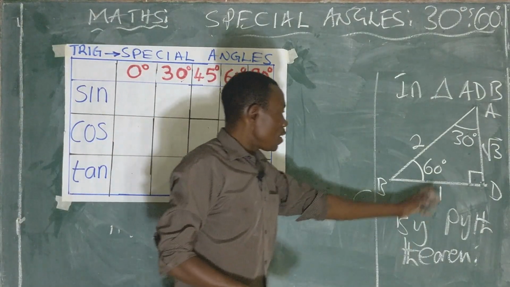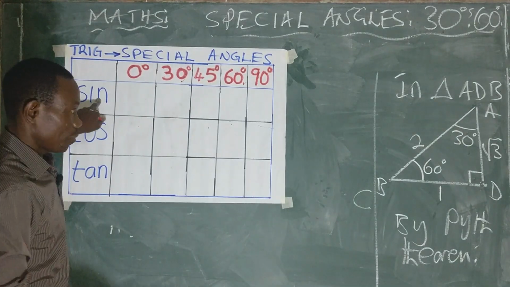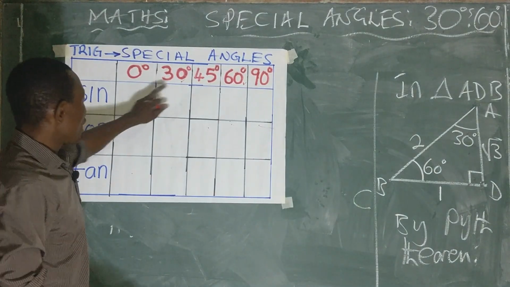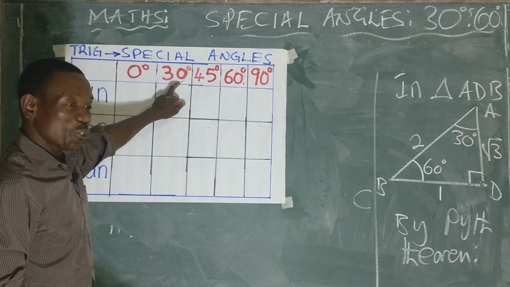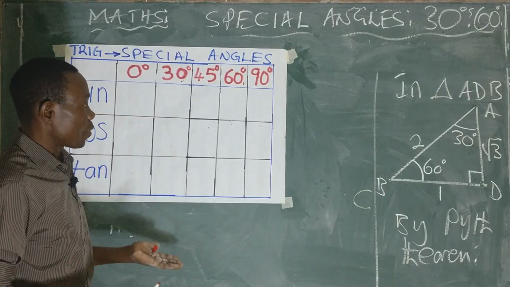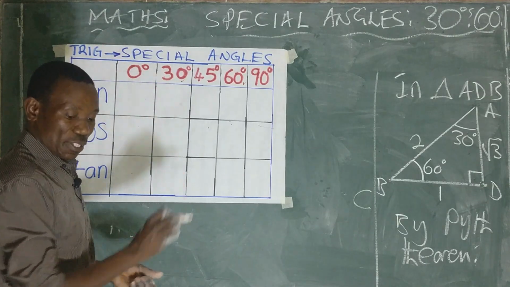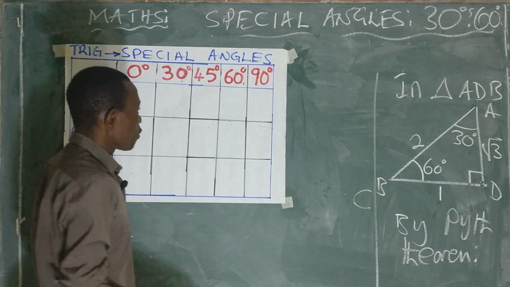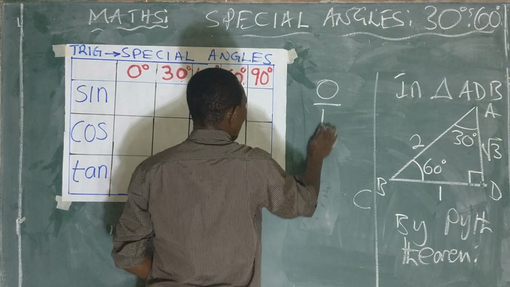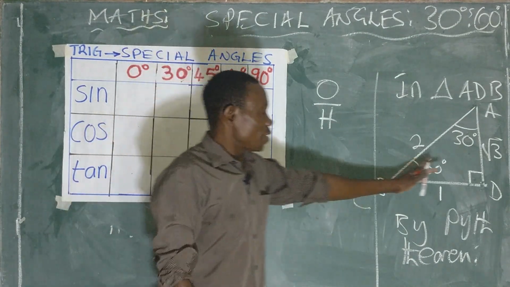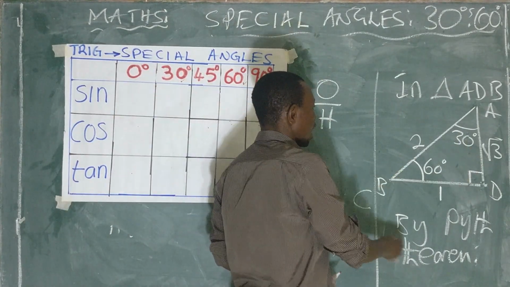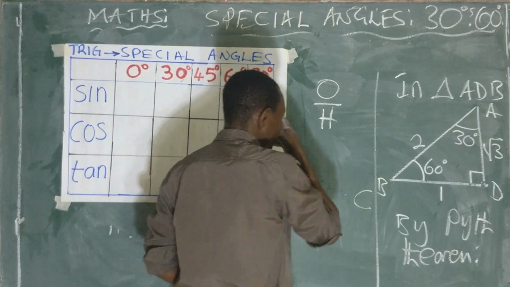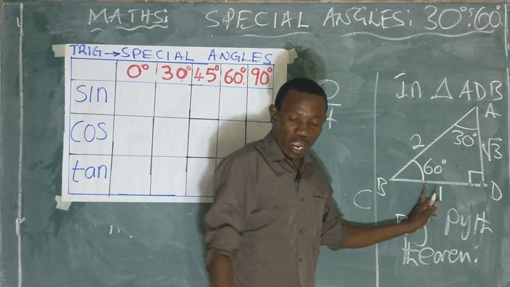So if I'd like to find, first of all, the sine of 30 degrees, we know for sure sine is found when we divide the opposite by what? Hypotenuse. So you talk of the opposite over hypotenuse. So if you come to this triangle here, you find that the opposite side for 30 degrees is 1.